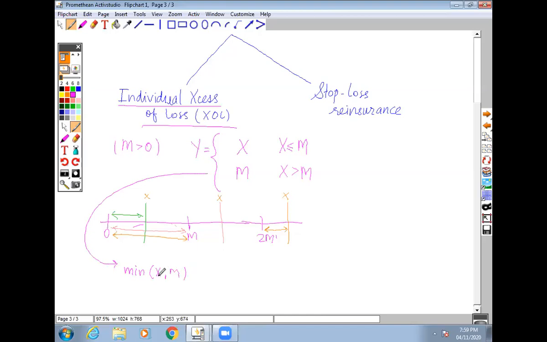Ma'am, what about the part that needs to be paid beyond 2M? Yes, actually I was trying to move this diagram from here, because what I'm concerning myself with here is that for all M greater than 0, anything greater than M is paid by the reinsurance company.